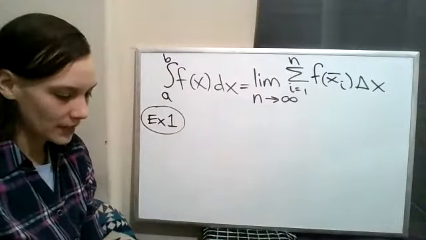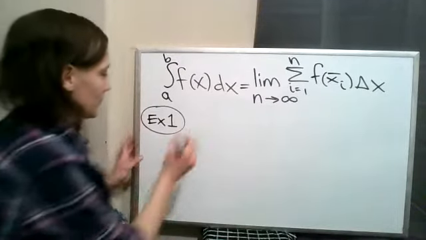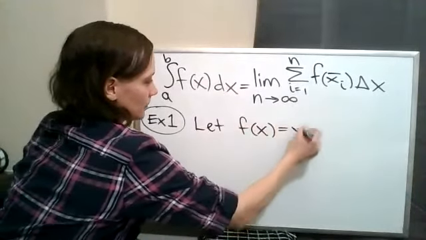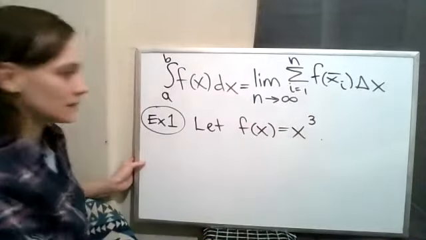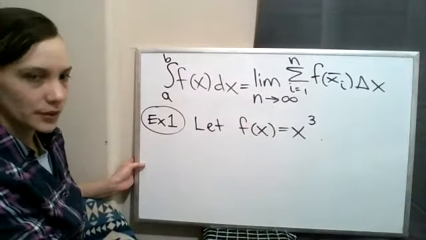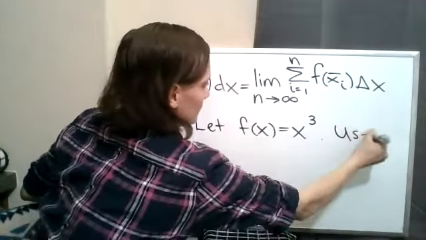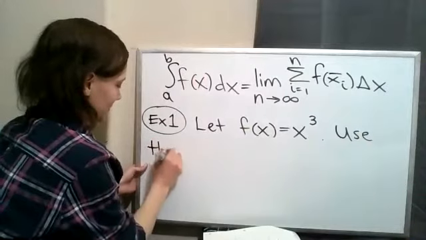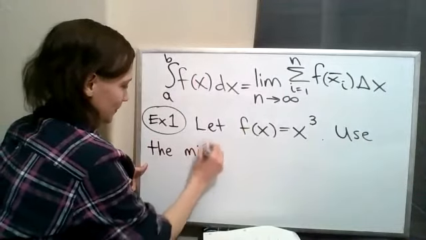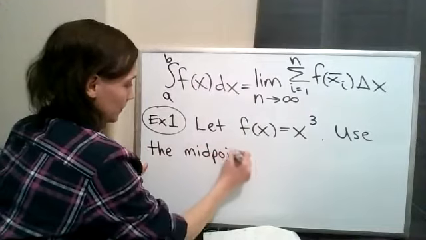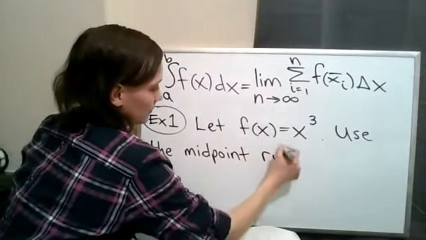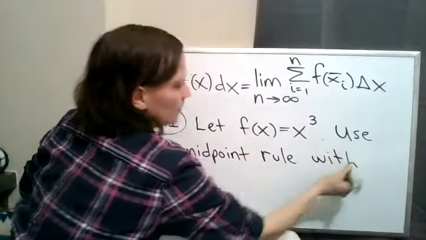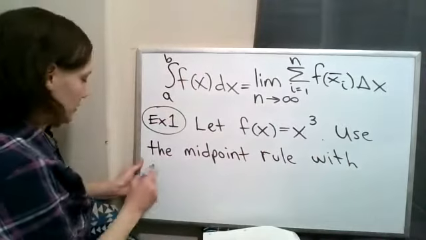We're going to let f of x equal x cubed. Use the midpoint rule with n equal to 2.